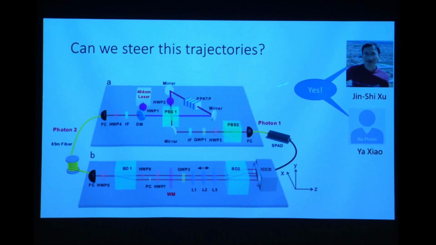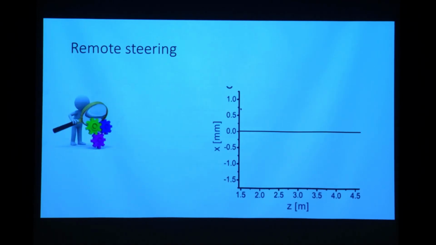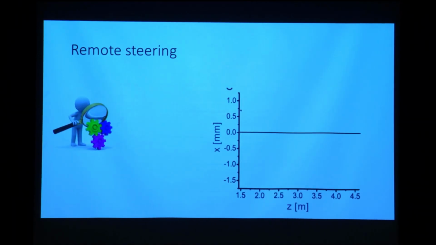So now my decision to measure this photon will change the trajectory of this photon. So what happens? I have my entangled pair. One of them comes here to this lab. The other one comes here.